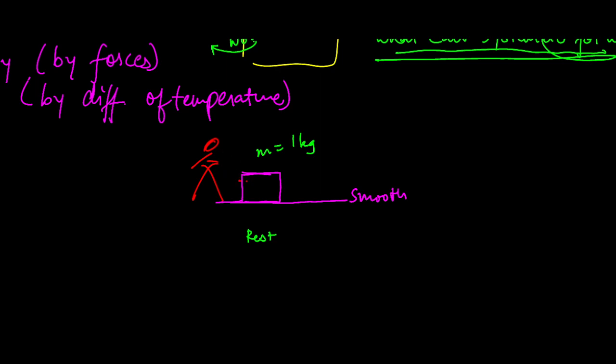Samjha ki nahi? For some time you applied force, then you stopped applying force. So ultimately, because you applied force, it will get a velocity, right? So suppose from rest its speed increases and becomes 2 meter per second.